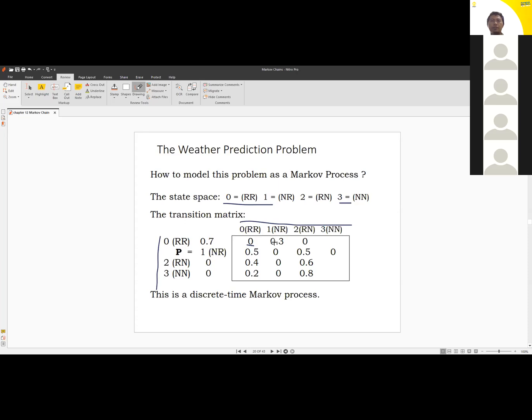Today no rain, but next day is rain, you can see here 0.3. Actually 0.3 is simply 1 minus 0.7. And in this case it is of course 0. And so on and so on.